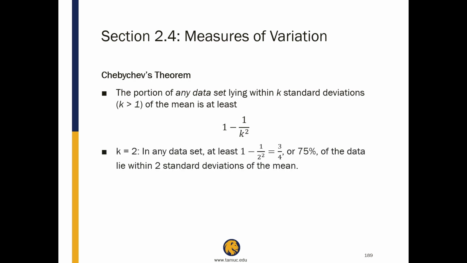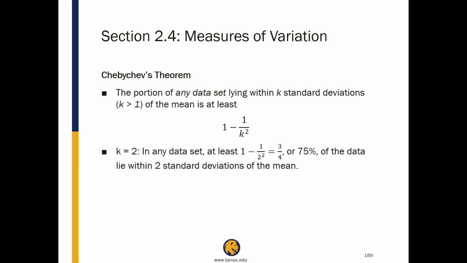So for an example, if k is equal to 2, then that's 2 standard deviations. And in any data set, not just the bell-shaped curve distribution, but any other data sets that might have different distributions, this formula says that at least 1 minus 1 over 2 squared, which is equal to 3/4 or 75%, of the data lies within 2 standard deviations of the mean.